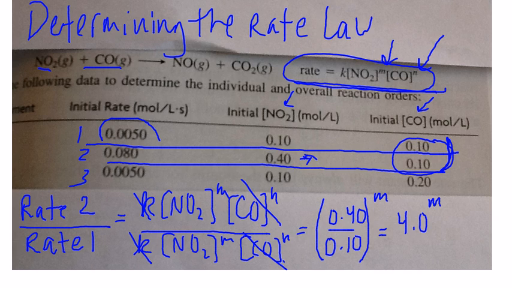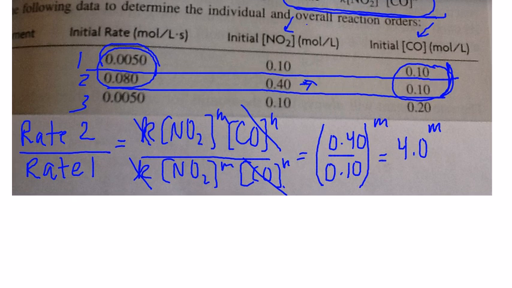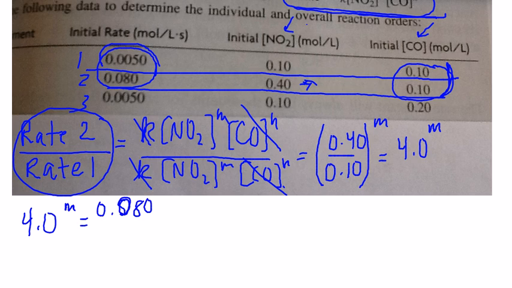I still haven't solved for m yet, but here's where these numbers come into play. 4.0 raised to the m power is equal to the rate 2 over rate 1, 0.080 over 0.0050.